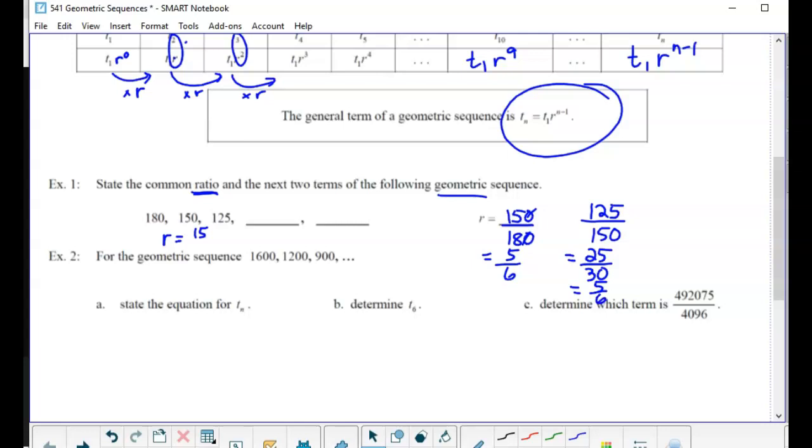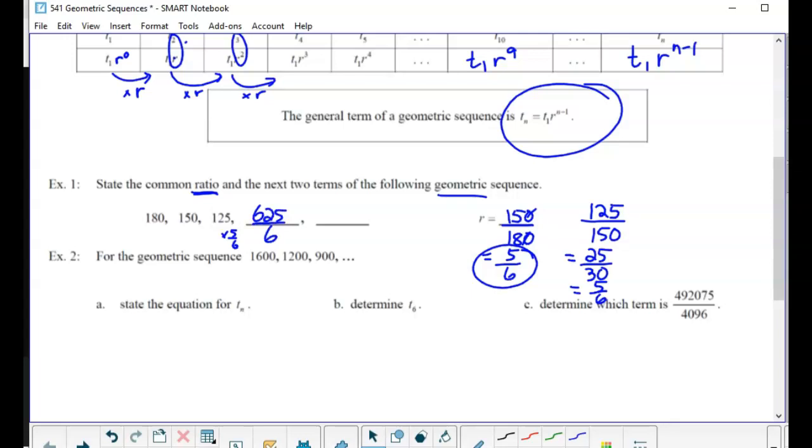Okay, so state the common ratio. We've got it. And the next two terms. So 125 times 5 over 6. 6 is not going to go into that, right? Because it's 25. And so that's going to be 625 over 6.